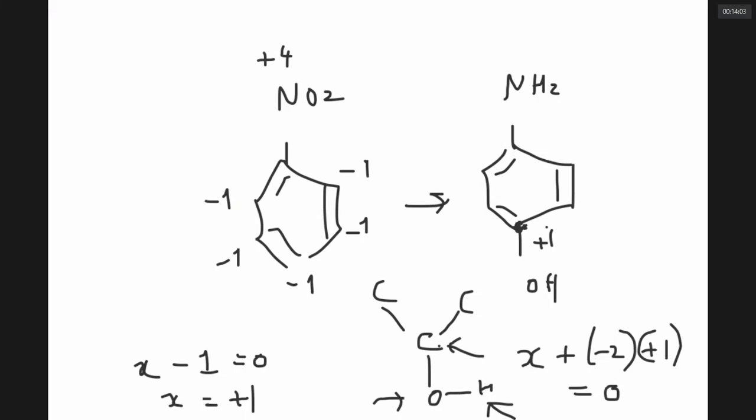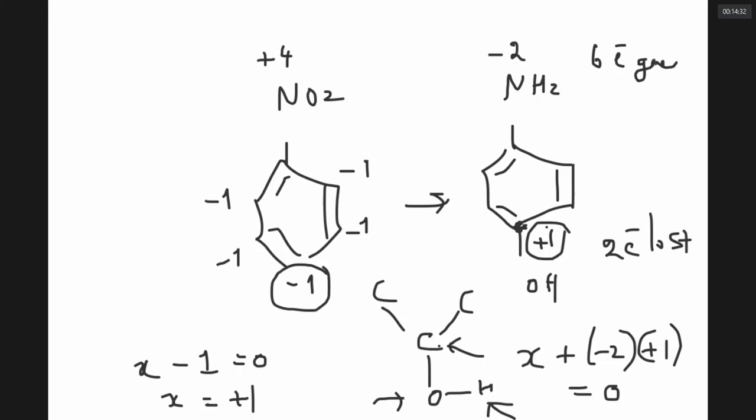Now, let me look at when nitrobenzene became para-aminophenol, the +4 oxidation state of nitrogen became -2. At the same time, the carbon which was -1 became +1. It means 2 electrons lost here, 6 electrons gained here.